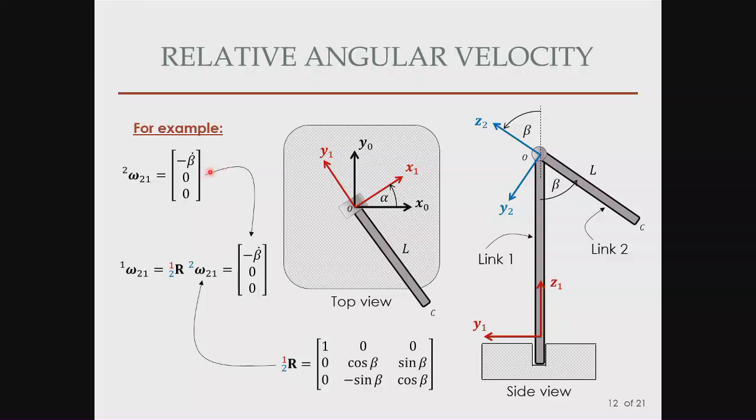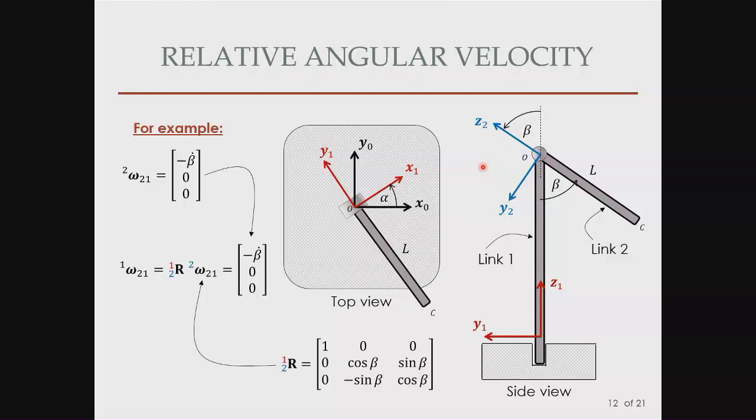So minus beta dot would be the angular rate of change, and the axis is x, or beta dot and negative x. Overall, you can write it like that. This is the vector of angular velocity of link 2 relative to link 1 expressed in frame 2. What do I mean by expressed in frame 2? I am writing the components of this vector along the axes of this blue frame 2.